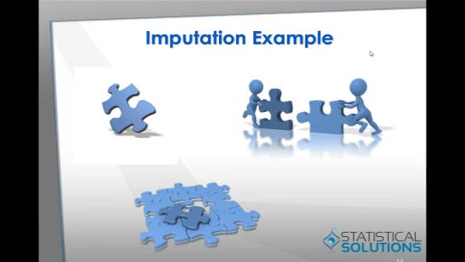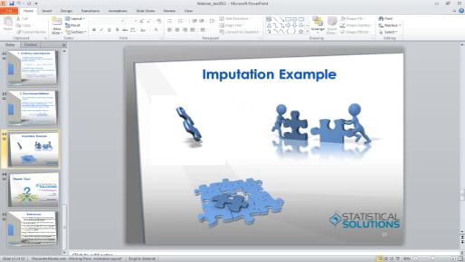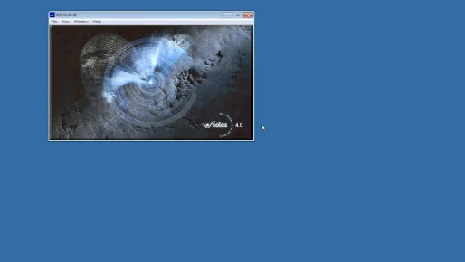So I'll just move on to this SOLAS example and show you a quick example in SOLAS. So I'll open up SOLAS now. When you open up SOLAS, this is the window you get, and you have a file menu.